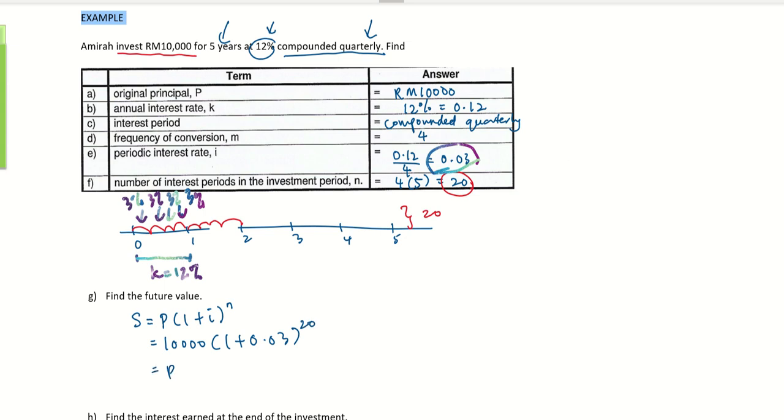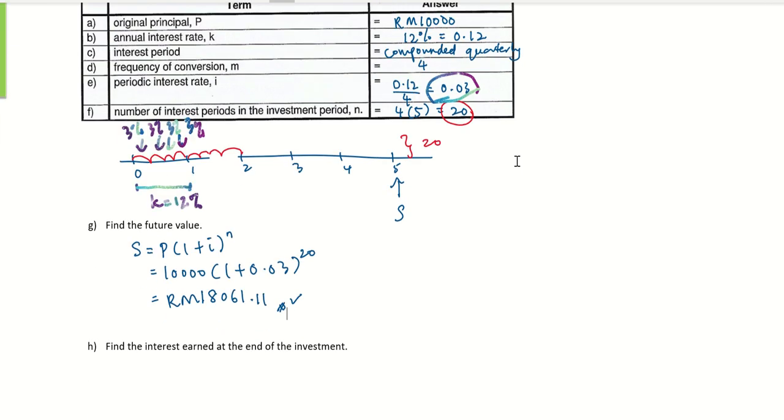So the future value, or the accumulated value Amira will get at the end of 5 years, is RM 18,061.11. At the end of the investment, at the end of 5 years, Amira will get this value.